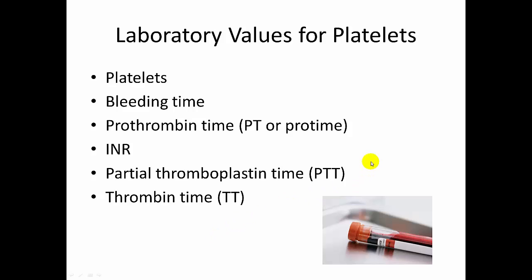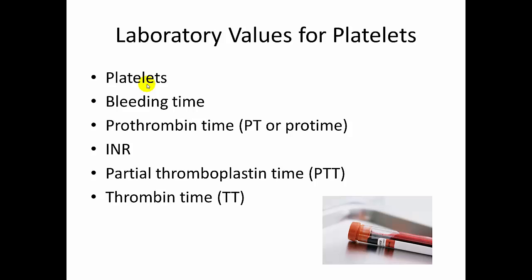So for platelets or thrombocytes, our concern is bleeding. So we're going to look at labs that check the platelet count. How many platelets are there? How many platelets should there be?